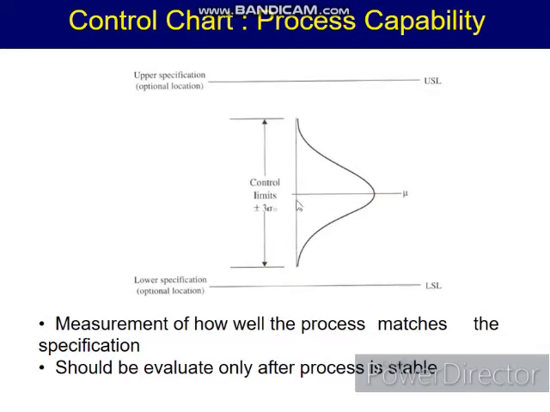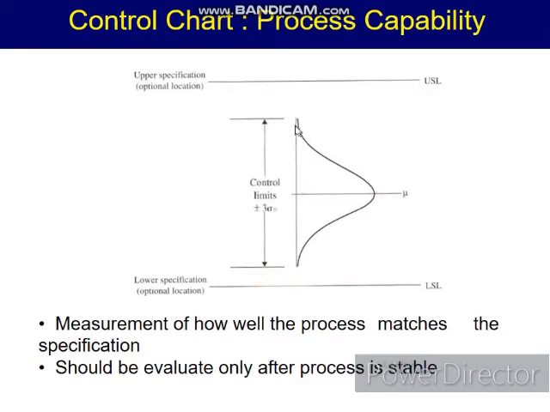You want to measure how well the process matches the specification. So what's the specification? This is the upper spec limit, and this is the lower spec limit. We want to measure whether the process can meet the specification requirement or not. For example, the example that we used before is the length of the pencil.